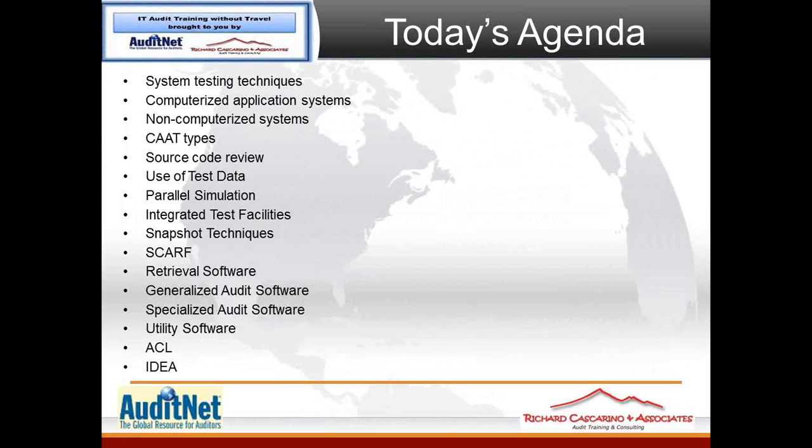You can use things like source code review, running test data through systems, doing parallel simulation, running integrated test facilities, using snapshot techniques or SCARFs, system collection audit review file. All of these are valid techniques, and we'll take a look at each of them in turn because each of them has a role to play.